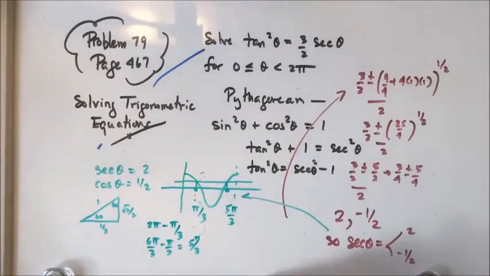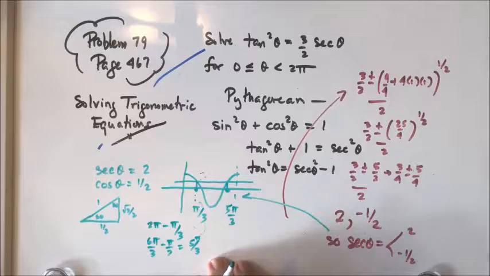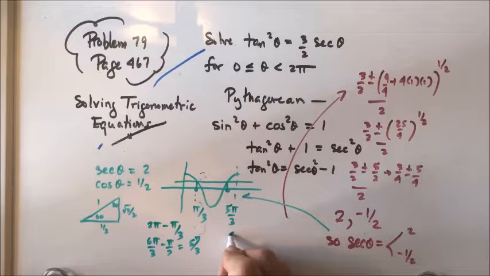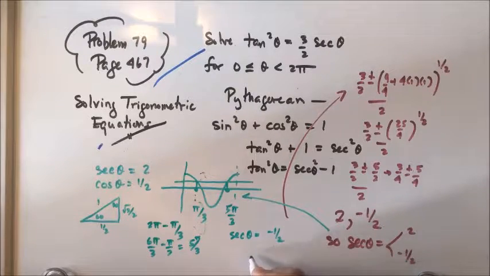I'm looking back at your book here. Yeah. So now let's look at secant equal to minus 1/2. Minus 1/2. And that means we're looking at cosine theta equal to -2.